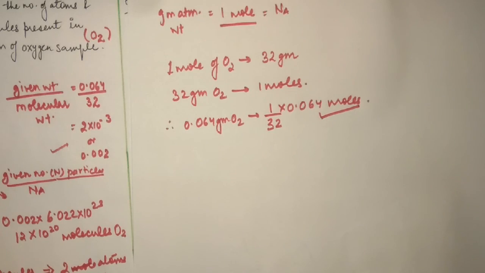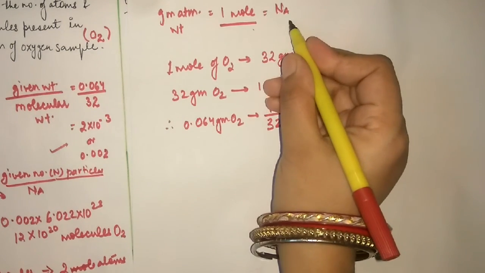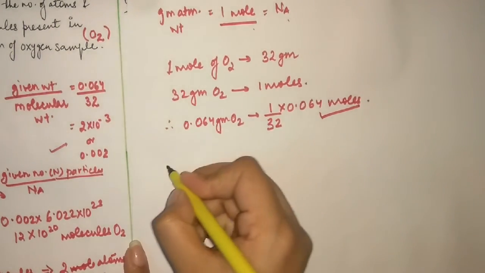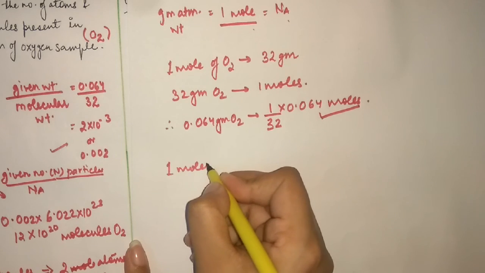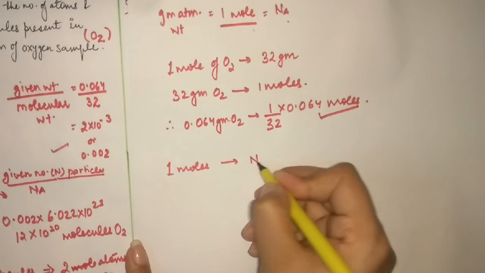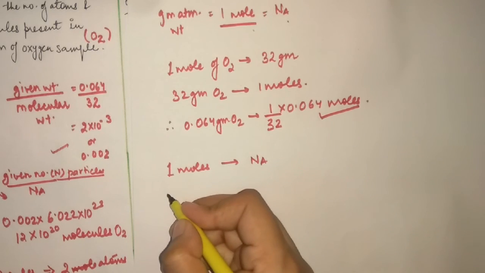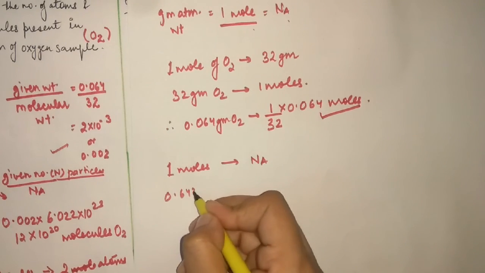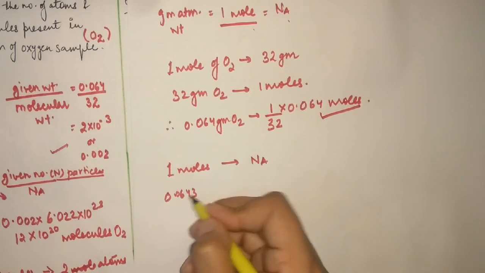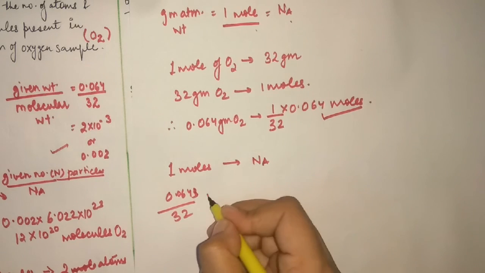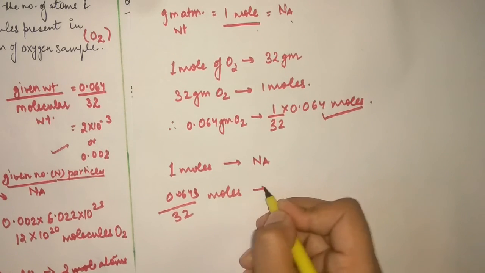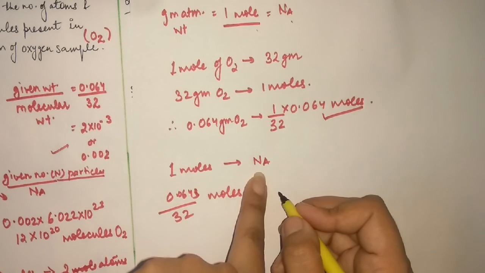Yes or no? Now 1 mole contains Avogadro number. So 0.064 upon 32 moles will contain how many? Again, cross multiply: 1 mole, Avogadro number.